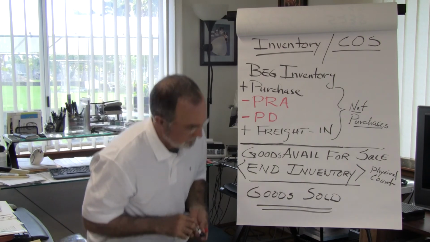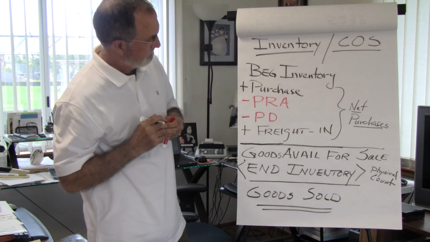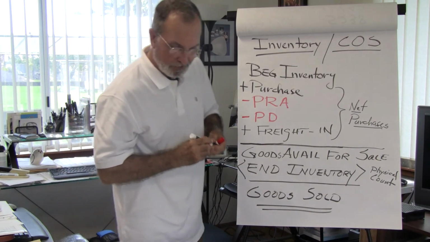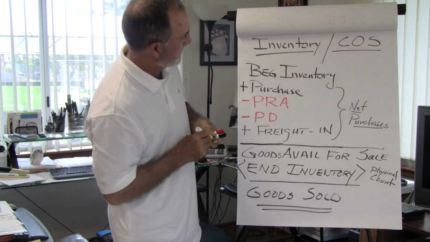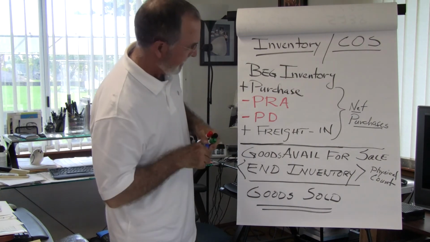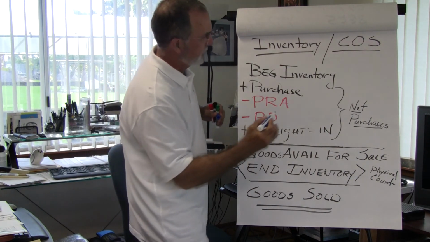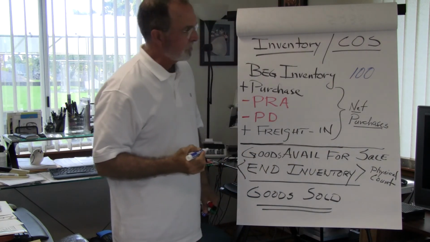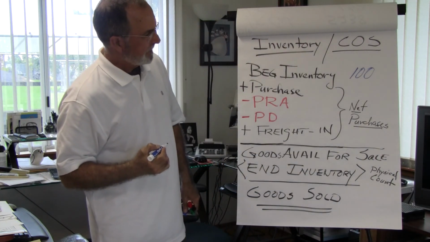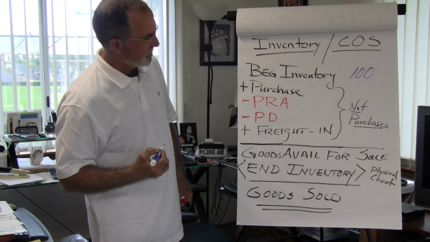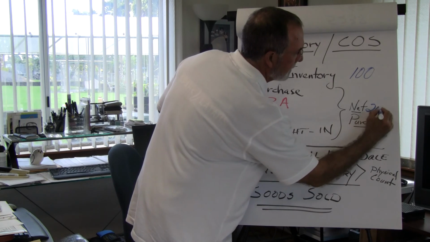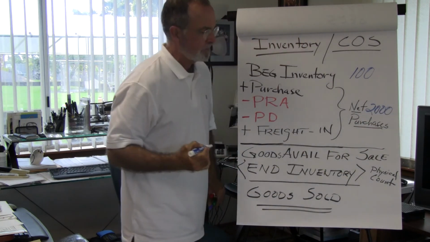And so let me try and put some numbers to this. There's not too much room over on the right side. Let's say we started out the year with beginning inventory of 100. And let's say our net purchases during the year was 2,000.